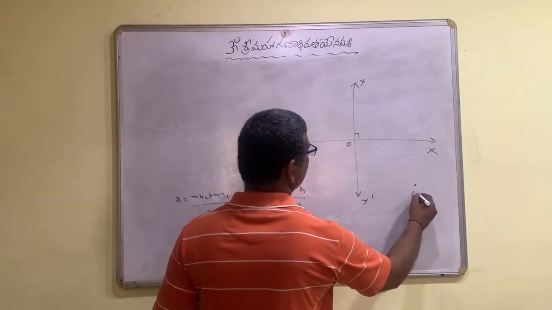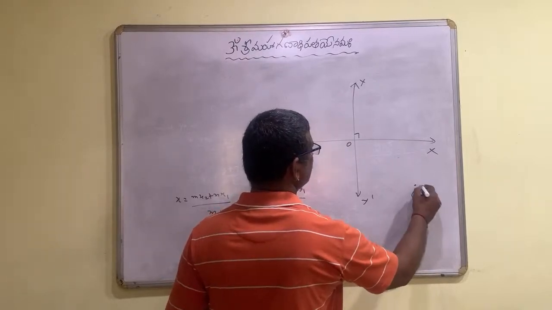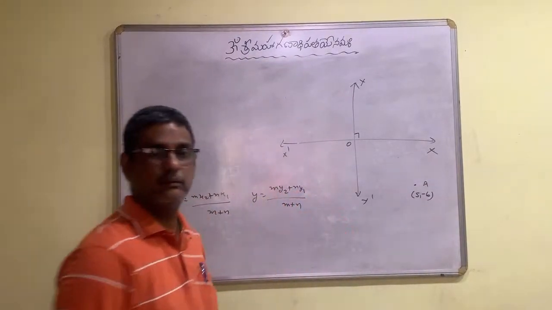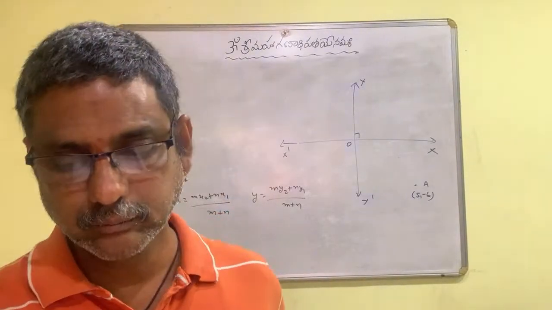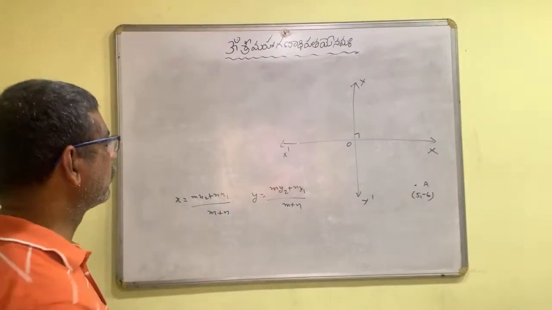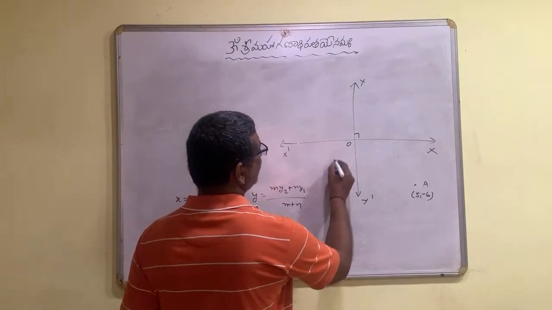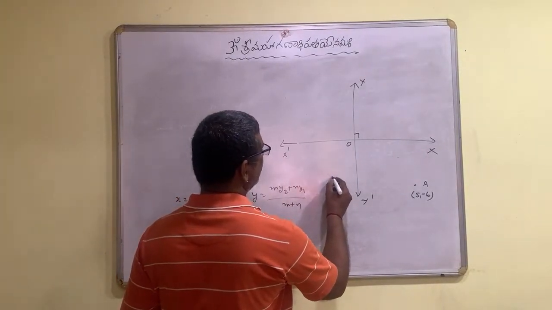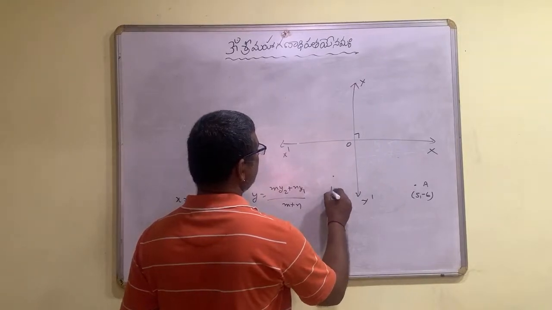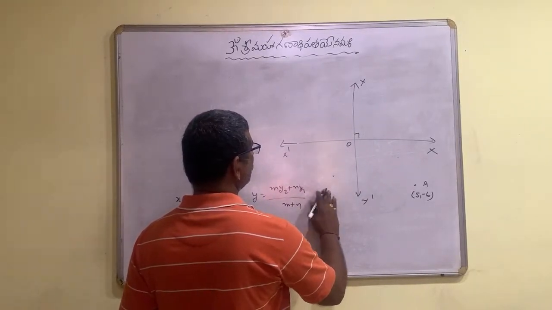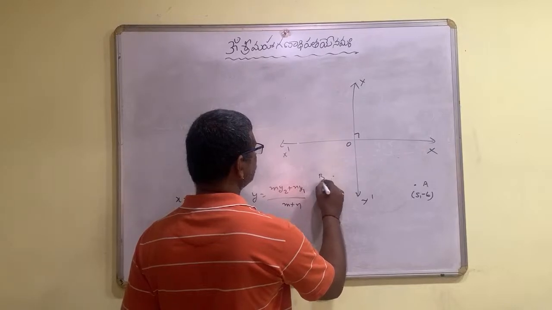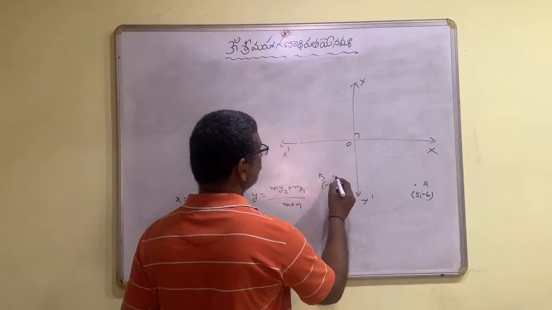Let it be here, A. And the second one, -1, -4. Let it be over here, B.